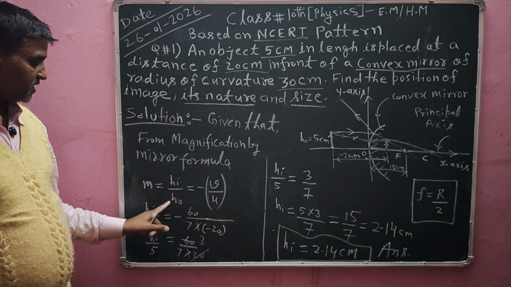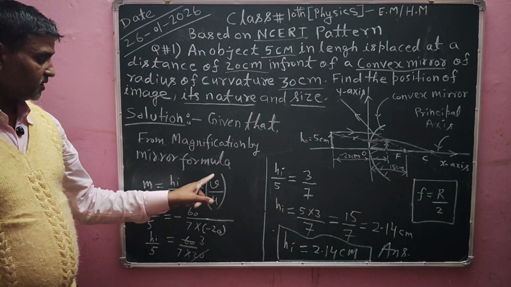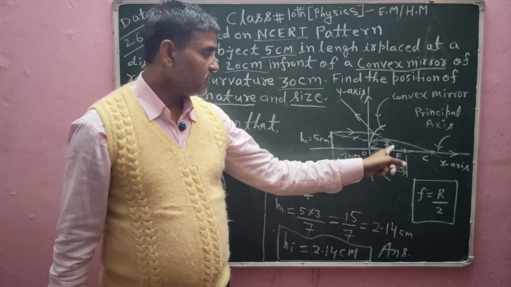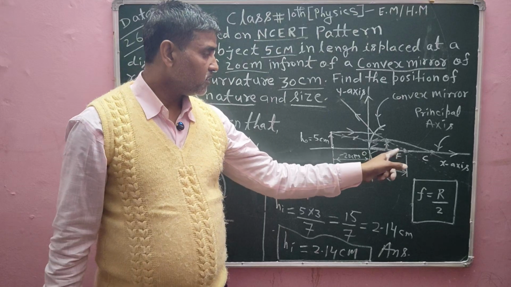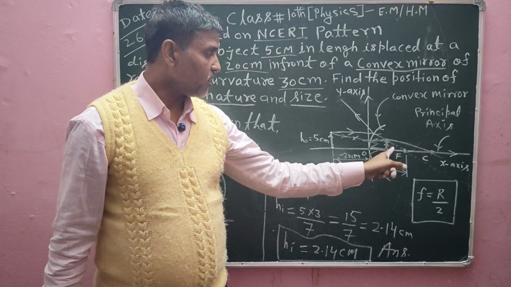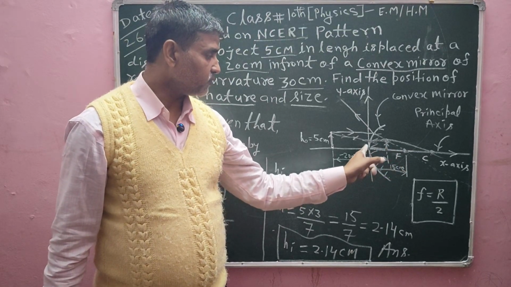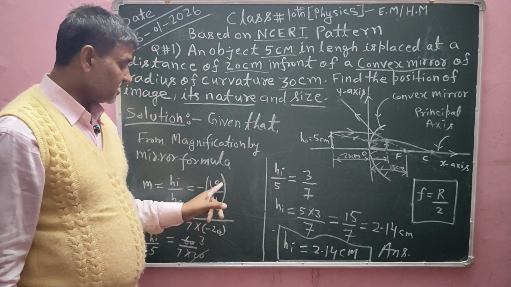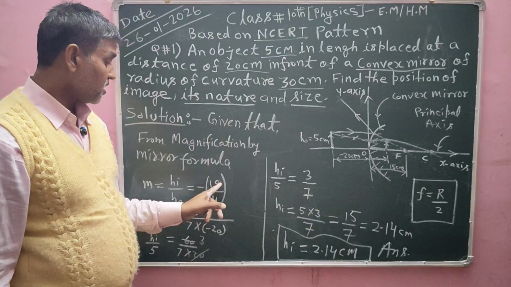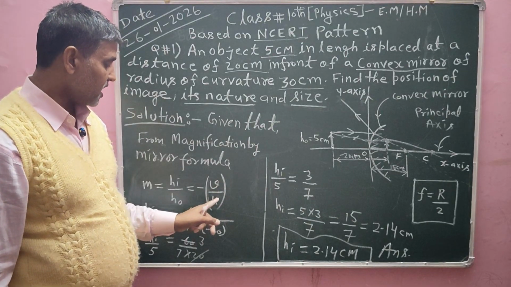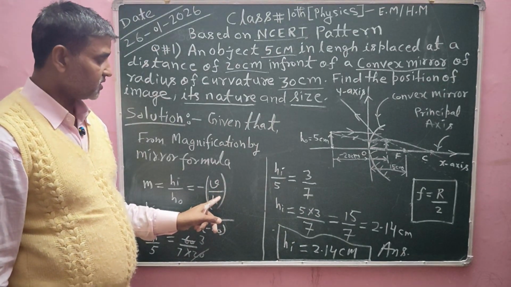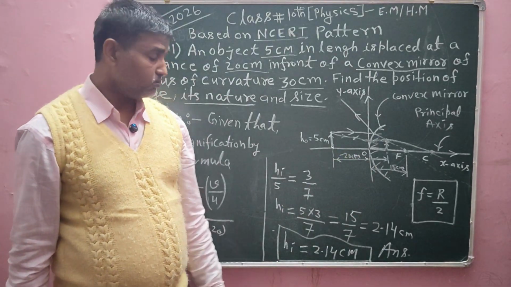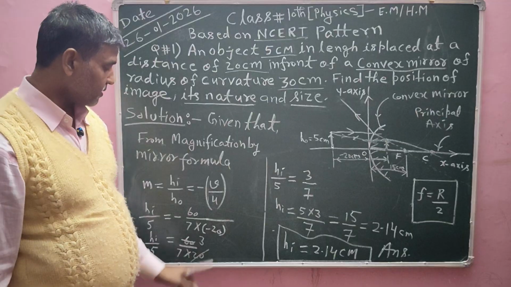V is the length of the image from the center of the convex mirror, and U is the length of the object. Both are from the center of the mirror.